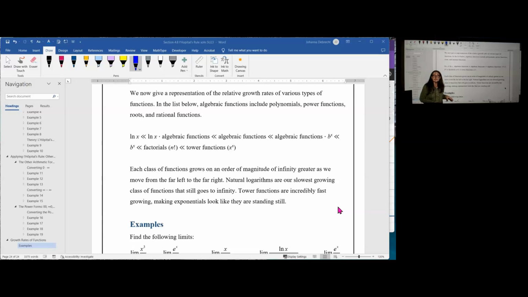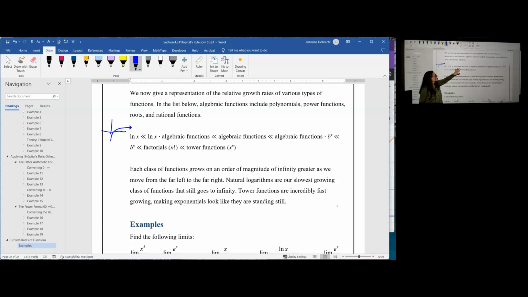Natural log of x is the slowest growing function that we have that does in fact go to infinity. When you think about the graph of natural log, it is very slow to get to infinity, but it never goes horizontal. It does go to positive infinity, just very slowly.